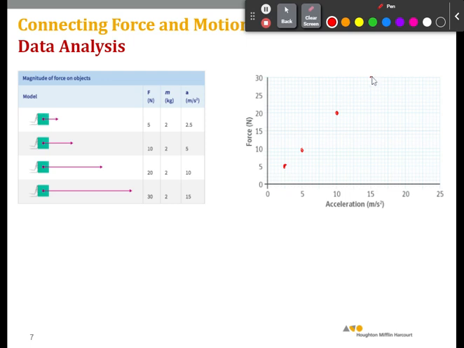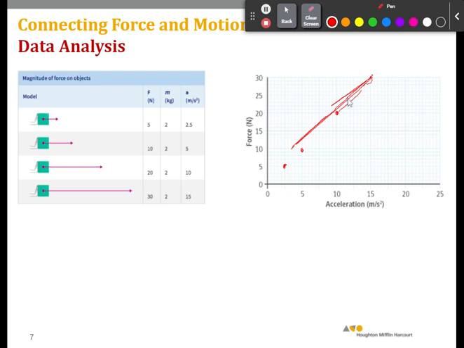If we want to draw a line of best fit, drawing lines is challenging for me. I'm going to draw a messy line, and I apologize for the messiness, but pretty soon I'll learn.